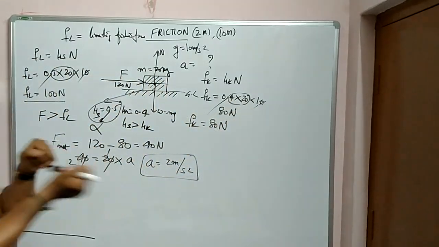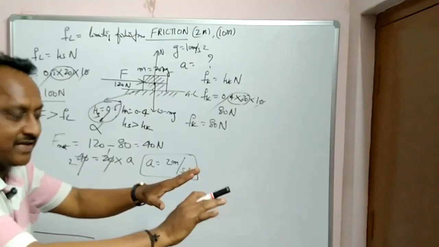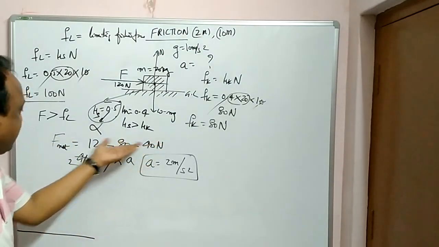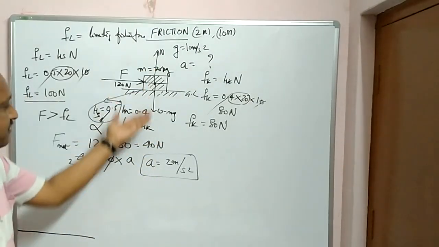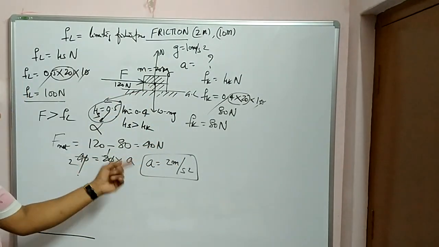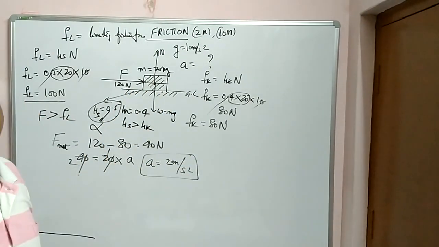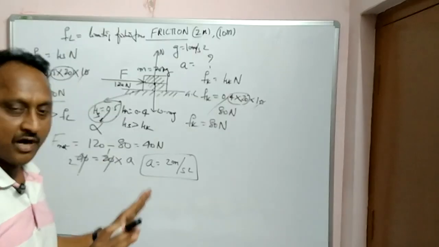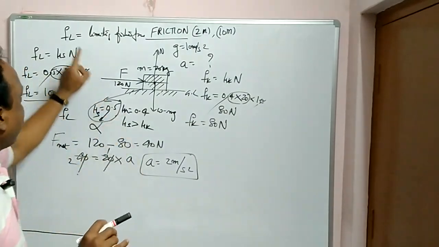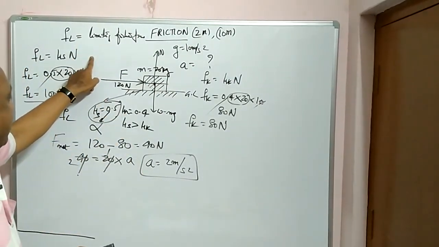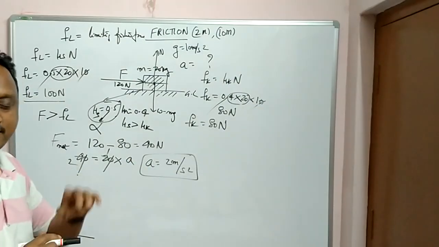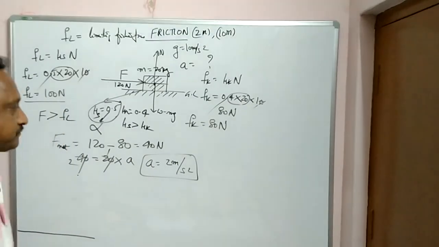So Fk is 80 newtons one way, and the applied force is 120 the other way. So 120 minus 80, that is 40, is equal to m into a, which is 20 into a. So the acceleration of the block in this direction is 2 meter per second square. Clear? So this is how you calculate the limiting force and thereby the acceleration. Okay, clear, all of you?